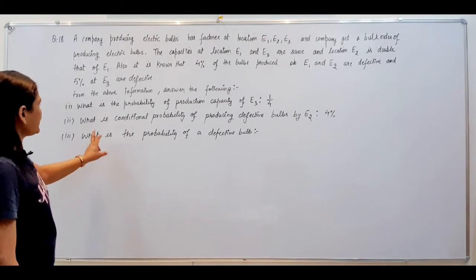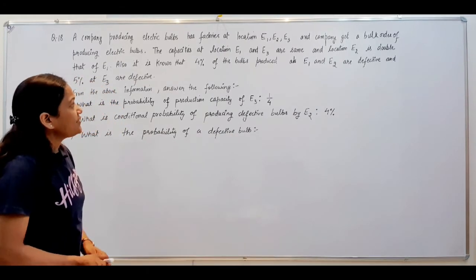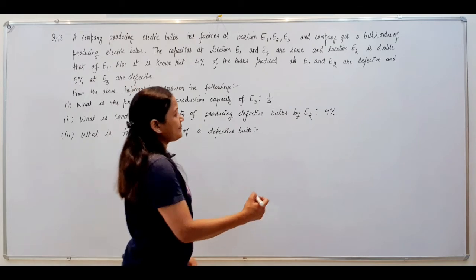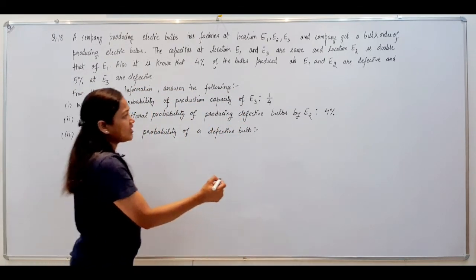Your next question on this case study is, what is the probability of a defective bulb? Now you can make the partitions on E1, E2 and E3.